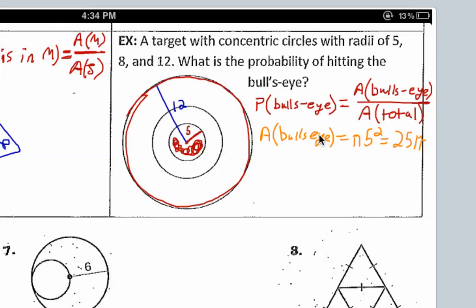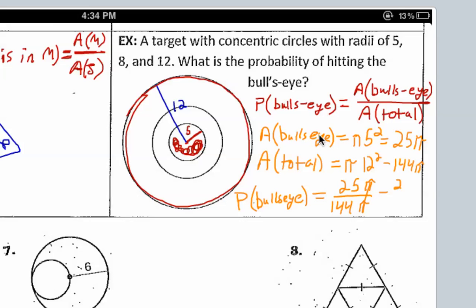The pi's cancel out, and we're left with just 25 over 144. And that's it. That's how we find the probability of hitting the bullseye. That's if we think about it as if we threw a dart randomly and had no idea where it was going to land. That's how we would know the probability that it would randomly hit at some point there.